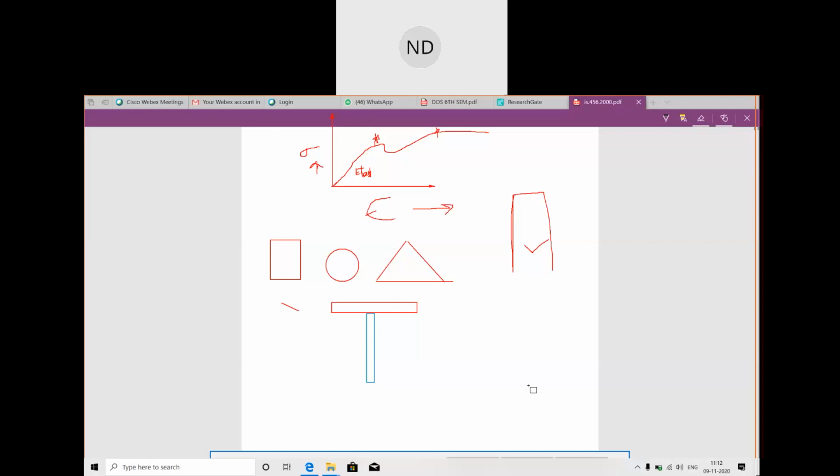Why? Because the ultimate load is found from the strength of the steel in the plastic range.